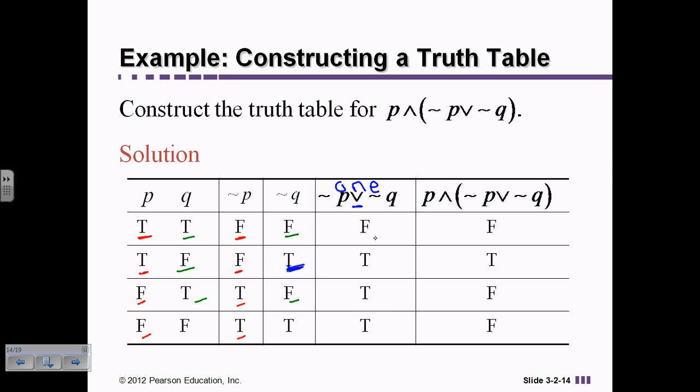So now what we're going to do is we're going to combine together and we're going to look at this column and we're going to compare it to this column. And we're wanting to know, again, our symbol that we have here is and, which means they both have to be true in order to be true. So since the second column is false, our result is false.